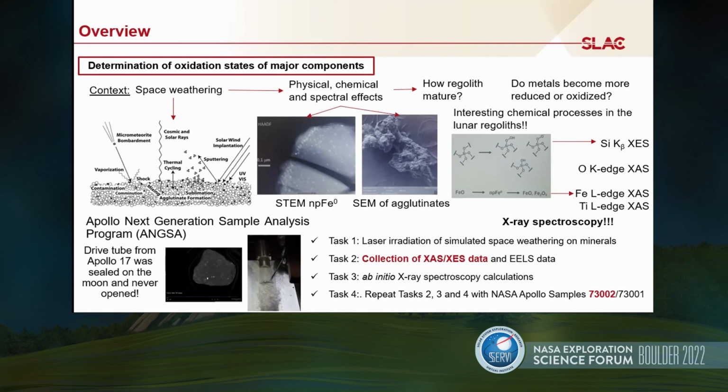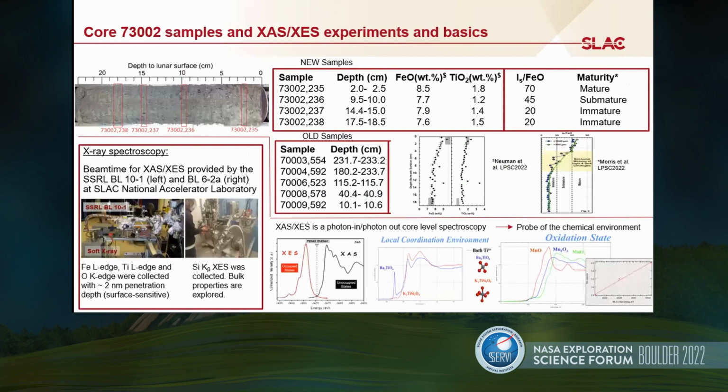We have received some of them from the upper part of the double drive tube. In particular, we have 4 different samples from different depths, also studied by other teams in the ANGSA project. We have an estimation of the abundance of iron, which is around 7 to 8%, and also of the titanium abundance in our regolith, which is around 1 to 2%.